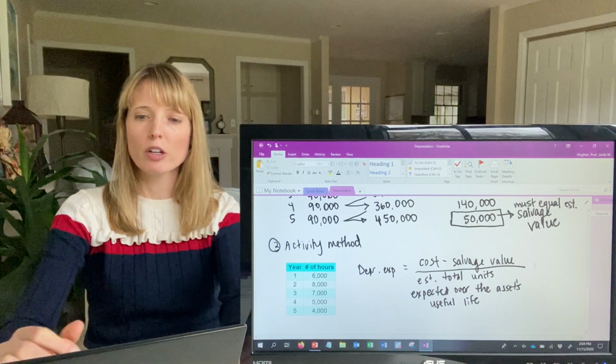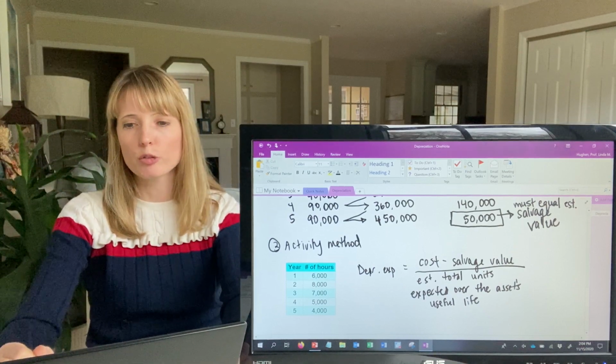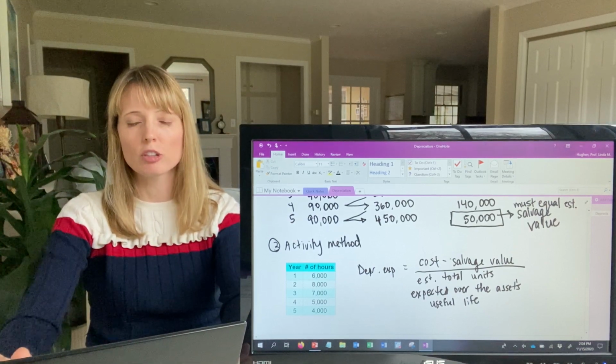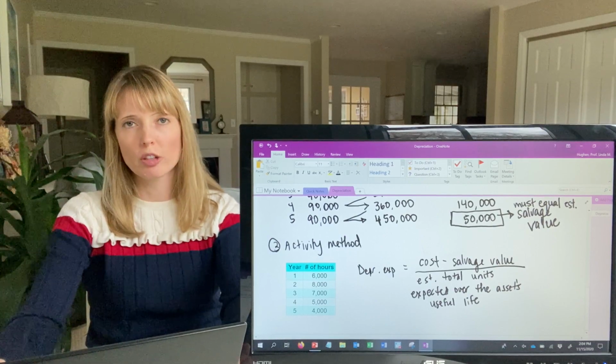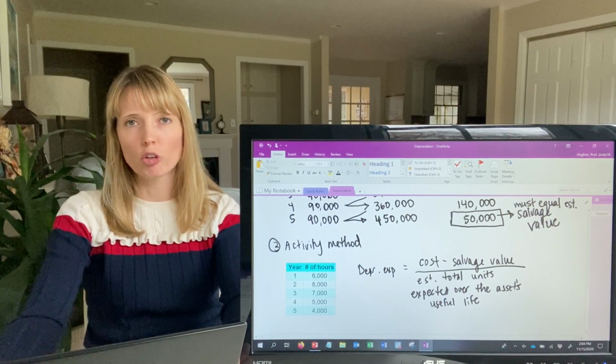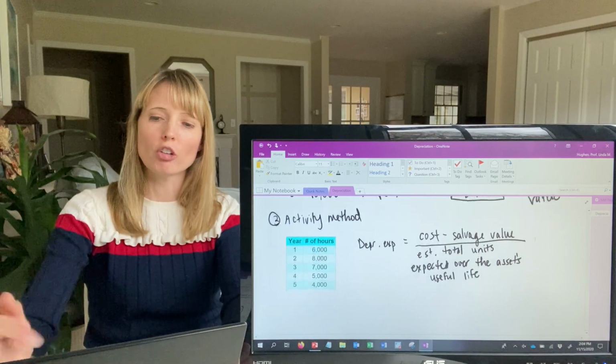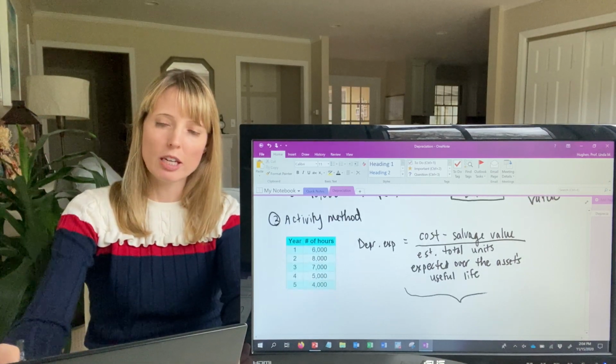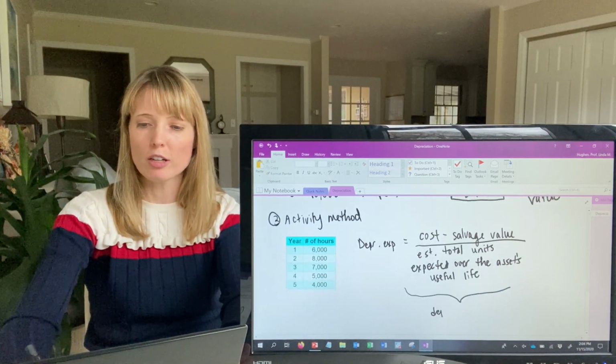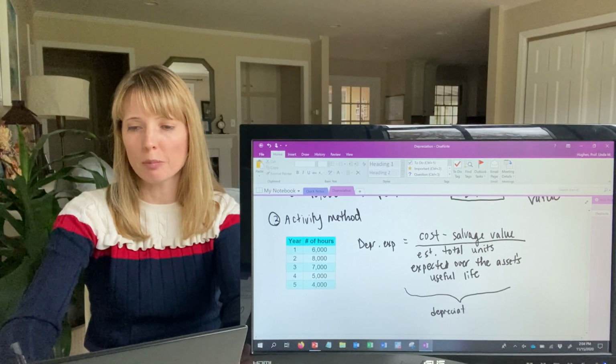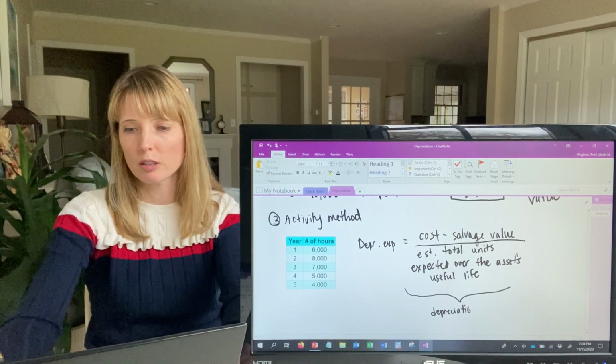And so if you have a car that has a depreciable base of $20,000 and you're expecting to use it for 200,000 miles, that doesn't give you depreciation expense, that gives you depreciation rate. And to get the expense, we need to take that depreciation rate and multiply it by the actual activity for the period.